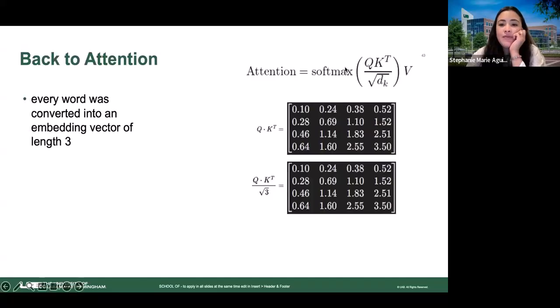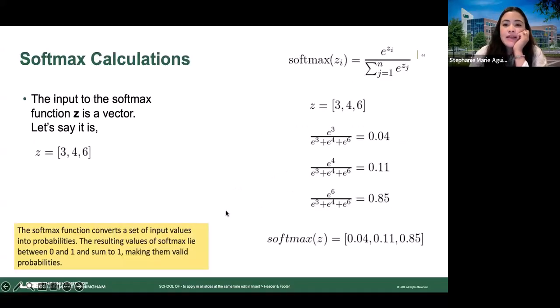So you have the Q times the K transpose matrix, and then you divide it by the embedding vector size, in this case 3, or length, sorry. And so you would input this again through matrix multiplication into the softmax function.